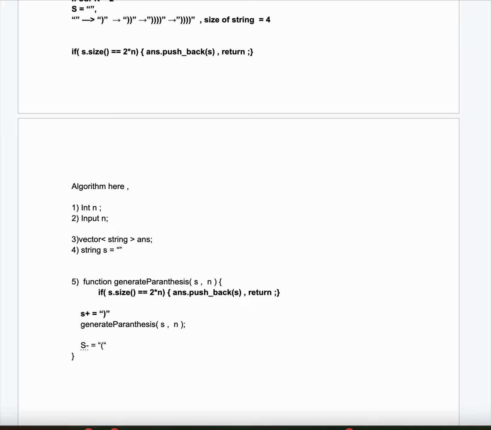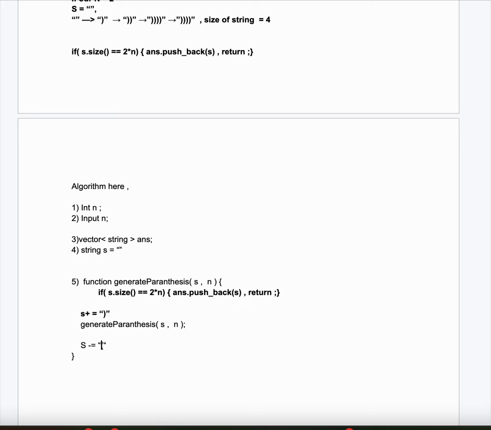Subtraction is not a valid operator for string. It is a valid operator for characters, but it calculates on the basis of ASCII values.